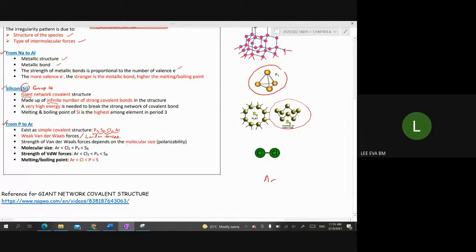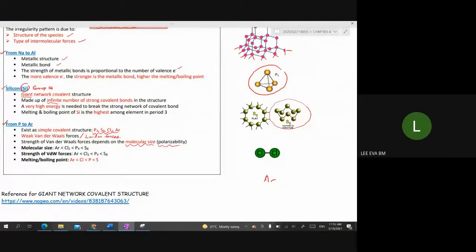And don't forget that molecular size is linked to polarizability. The bigger the molecular size, the greater the polarizability, the stronger the van der Waals forces, or the stronger the London forces.